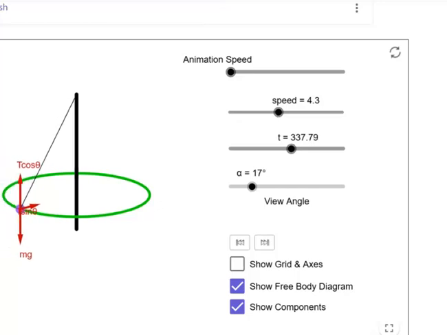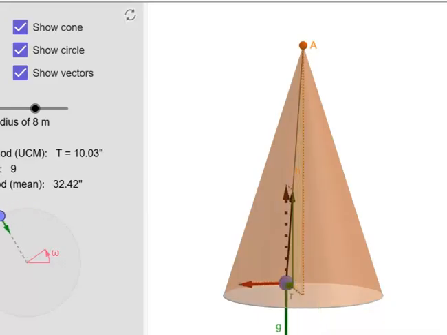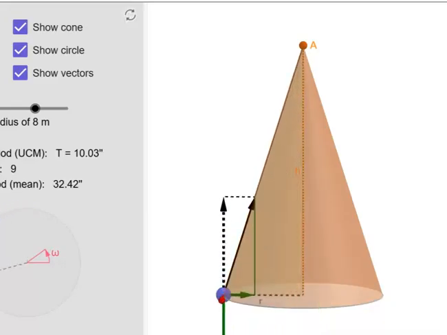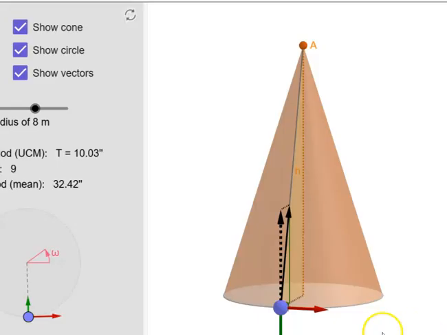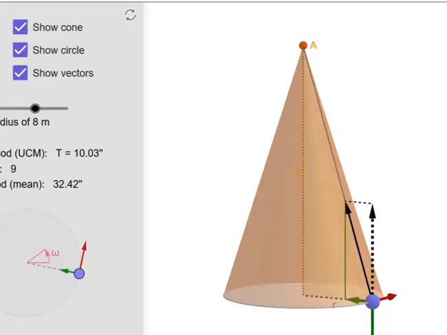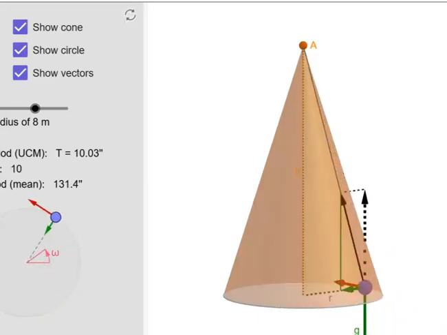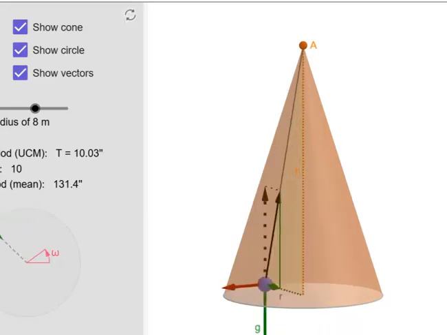So T sine theta is the centripetal force that's causing the acceleration in the horizontal circular plane. Another example, maybe a better demonstration of that cone. You can see there the red arrow showing the tangential velocity. That's the same idea, basically.